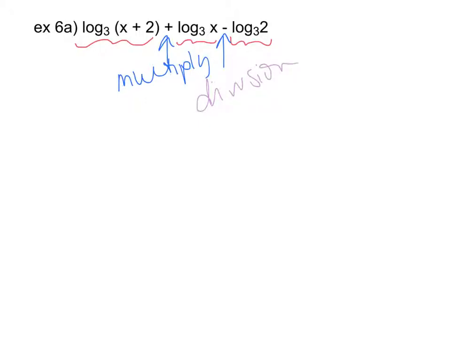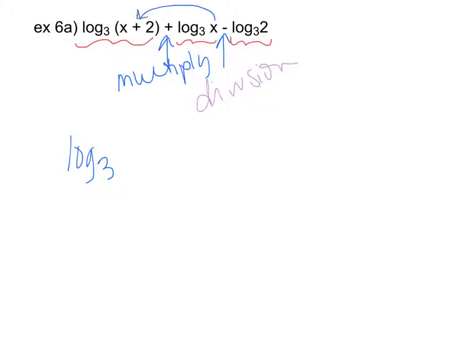So let's do that thing. Notice this x plus 2 up here in the front is just part of my log base 3. Remember, there is no sum property at all. No property, no rule that deals with sums. So you have to leave that alone. But you are going to multiply log base 3.